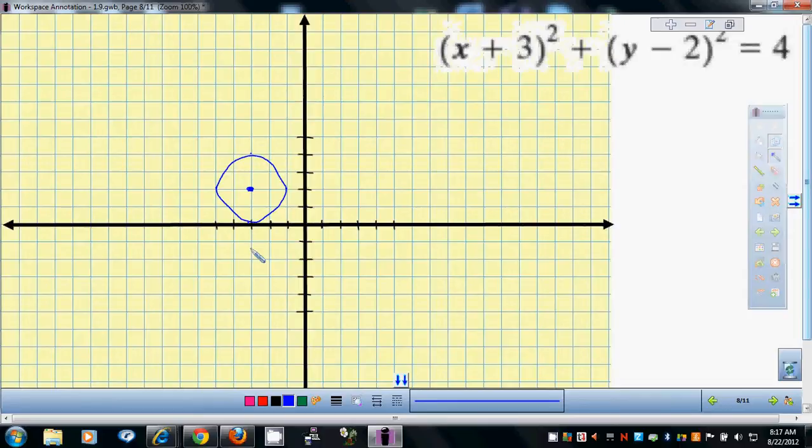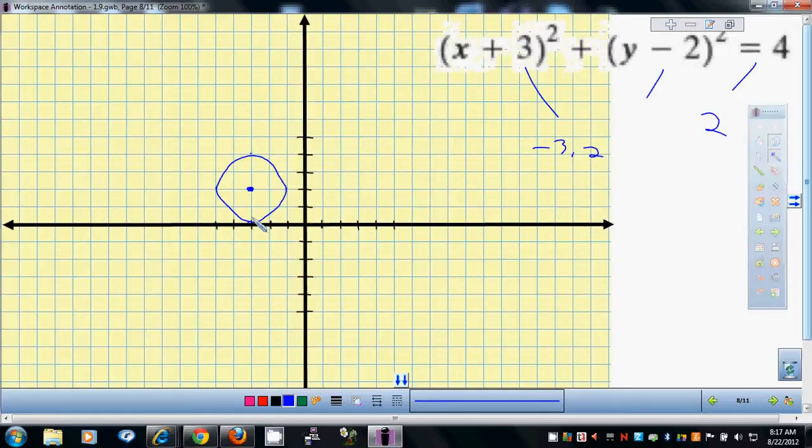Questions about where any of that came from? I was just going to say, you pull out your center, pull out your radius, and then apply that radius in each direction from your center and connect the dots. Did you have a question?